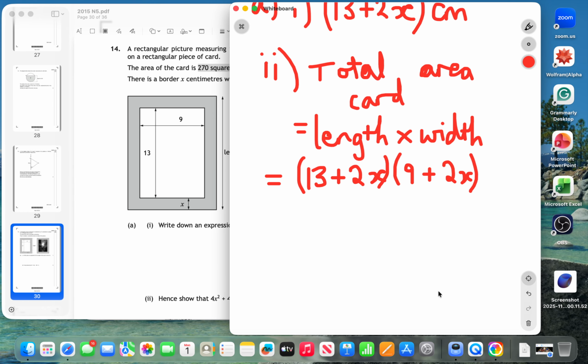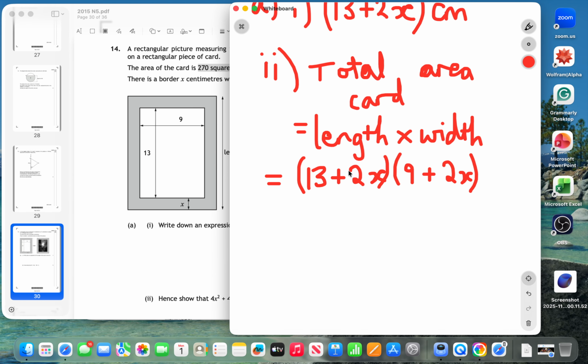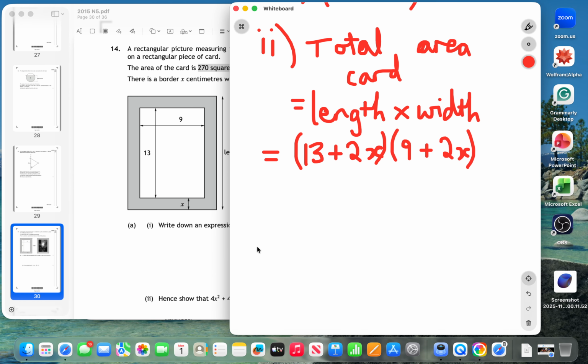And what you want to do is expand these out. You want to multiply two brackets. So the method we're going to use is we're going to write each of the terms in one bracket down a column, and the other one along this row. So that is 9, 2x.